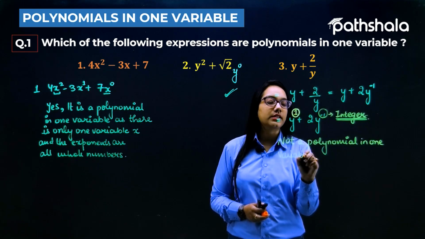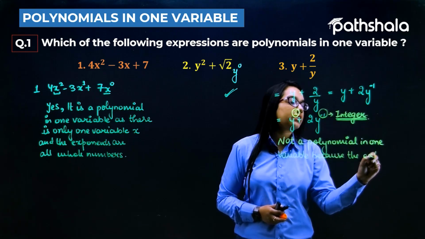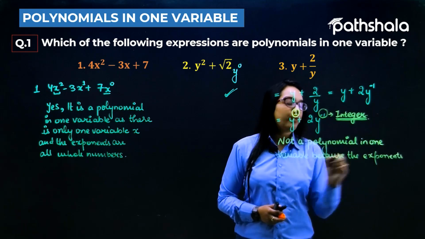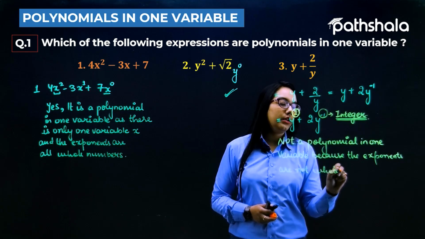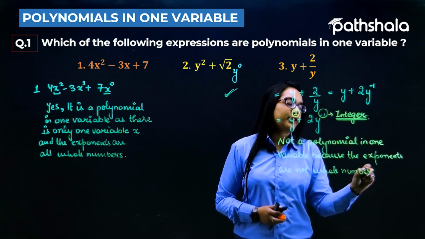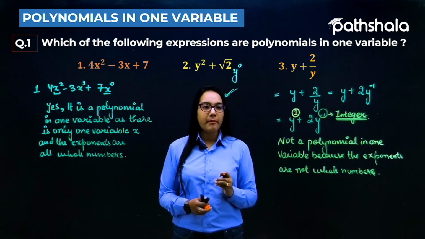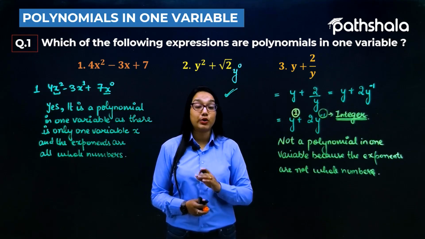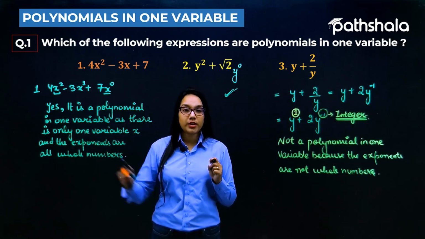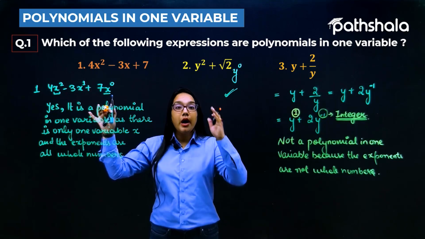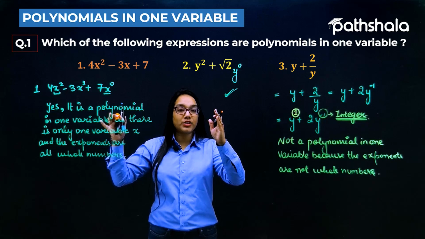The reason is that the exponents are not whole numbers. If the exponents are not whole numbers, such expressions are not called polynomials. So we conclude that part 1 is a polynomial and part 2 is a polynomial, because both satisfy all the conditions on the exponents.